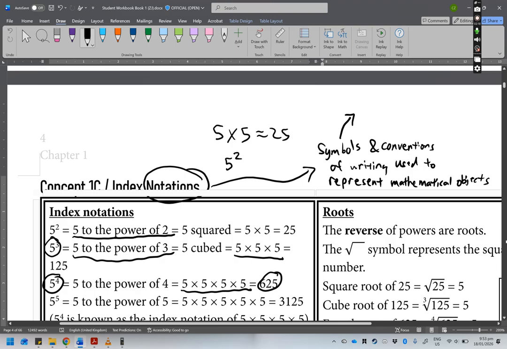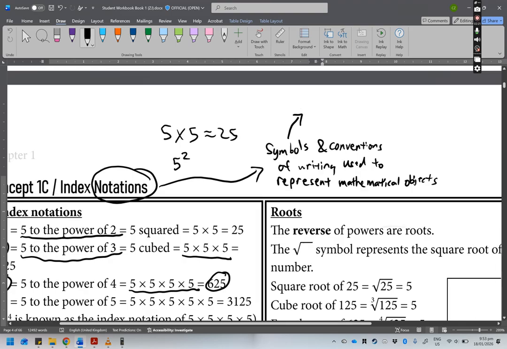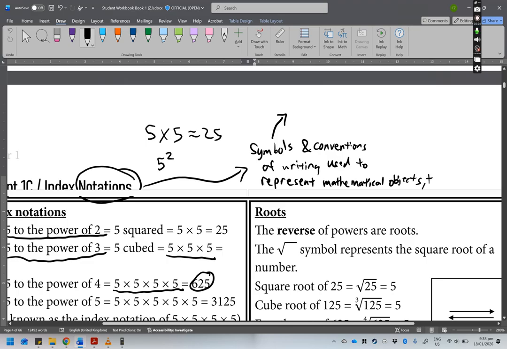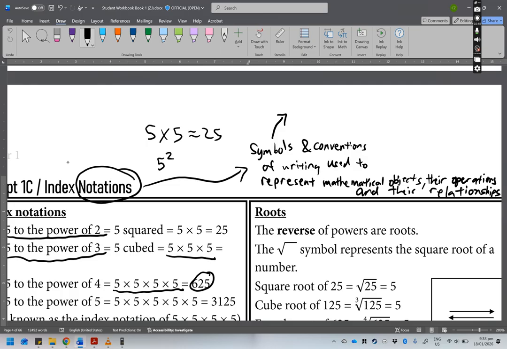It is because it helps us to present mathematical objects, their operations and their relationships. Okay, so why are they important? It is because they help us present our mathematical notes in a concise and precise manner.